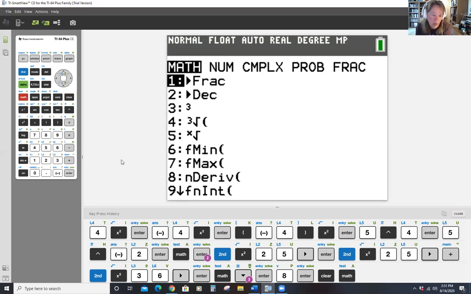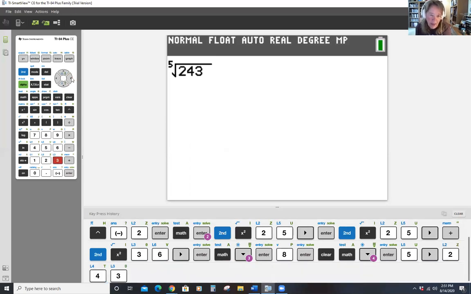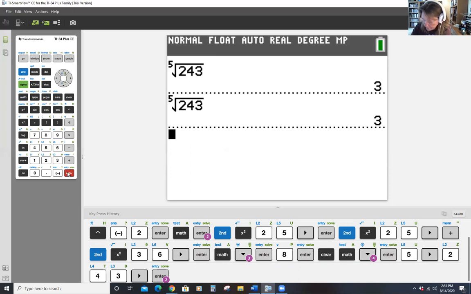So we're going to scroll it down until we get 5 highlighted. And I said the 5th root. And then we're going to use our right arrow to get underneath the radical sign. Put in the 243. And then we're going to use the right arrow to pop out of it and hit enter for our answer. And the answer is 3. Okay.